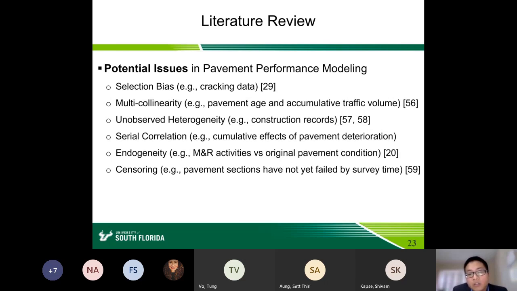So if we put these two variables in one model, the efficiency of the modeling would be affected. Also, the third issue is unobserved heterogeneity.